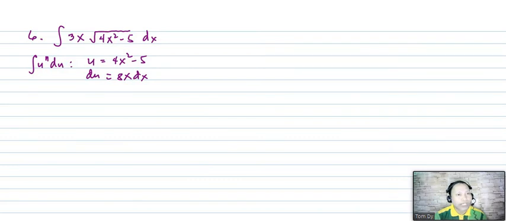Now if we rewrite this one, notice this one. If we rewrite, that is equivalent to 3. I will write first 3. Integral of 4x squared minus 5 raised to 1/2, and then our x here is dx. Okay.